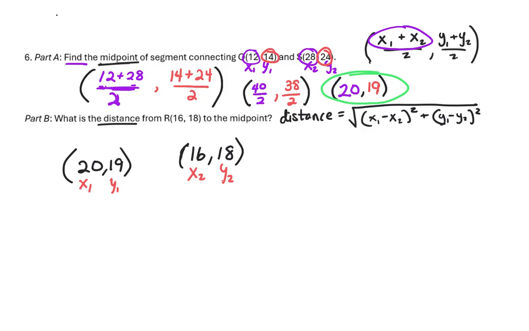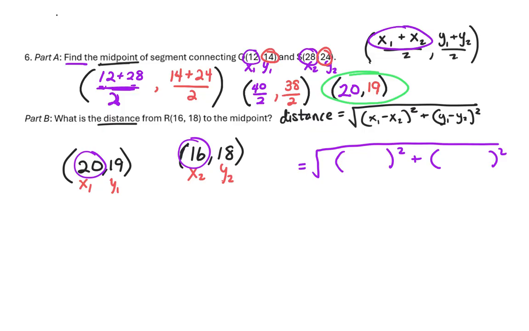And the distance formula says that the distance is equal to square root, and inside the parentheses, we're going to be subtracting the two x's. So that's going to be 20 minus 16. I'm actually going to write it out for the video, but normally I would just put 4 in there. And the other one's going to be 19 minus 18. So normally I would just put 1 in there, but I'm going to actually write it out for the video.